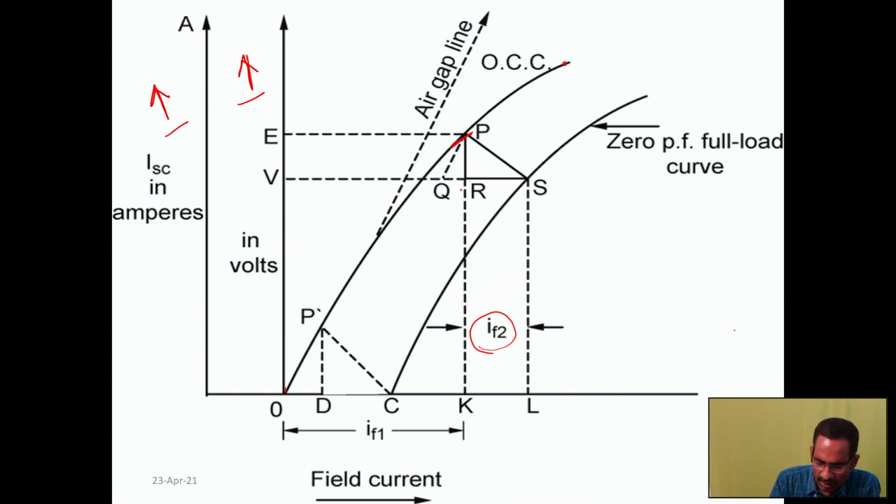This PR is the drop due to the armature reactance, so combination of I into XS or IQ. Okay. So from this OCC graph, I have drawn the triangle. I can draw this Portier triangle at any point from this C to S. At whatever may be the point, I will be getting the same answers.